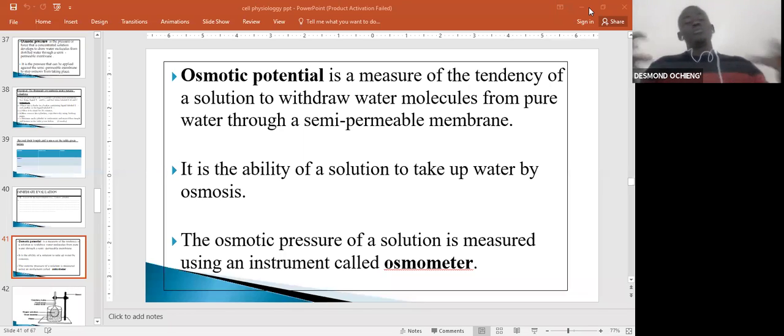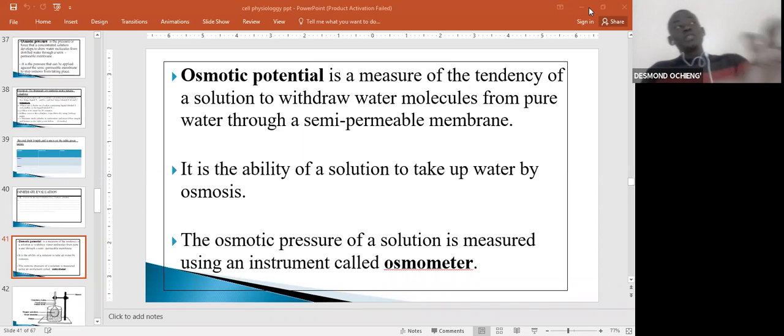Do not get confused and look for terminologies that may end up confusing you yourself. In simple terms, and I want to repeat this once and for all, when talking about osmotic potential, potential is an ability. And do not confuse osmotic potential and osmotic pressure.